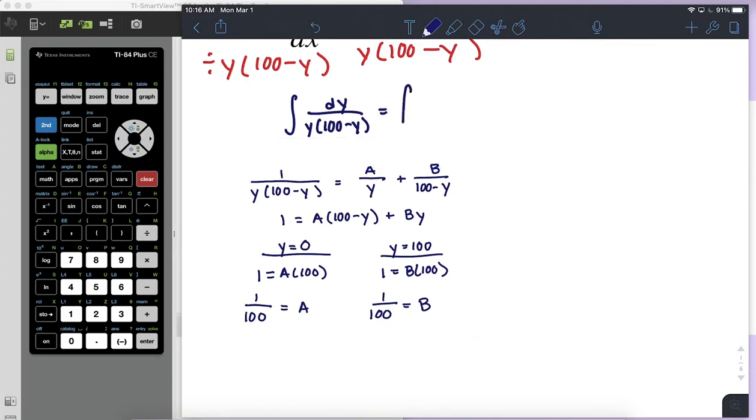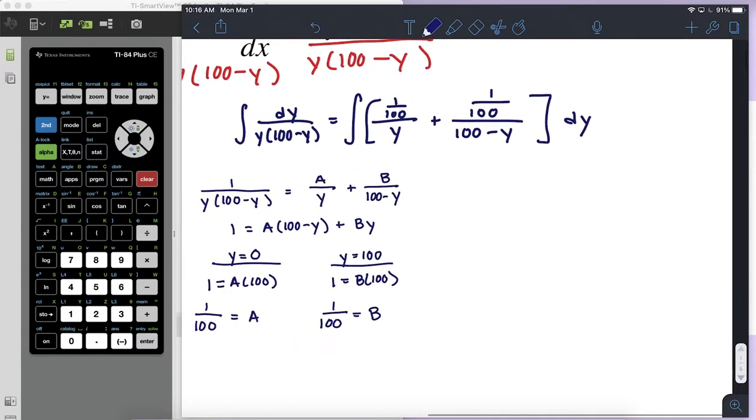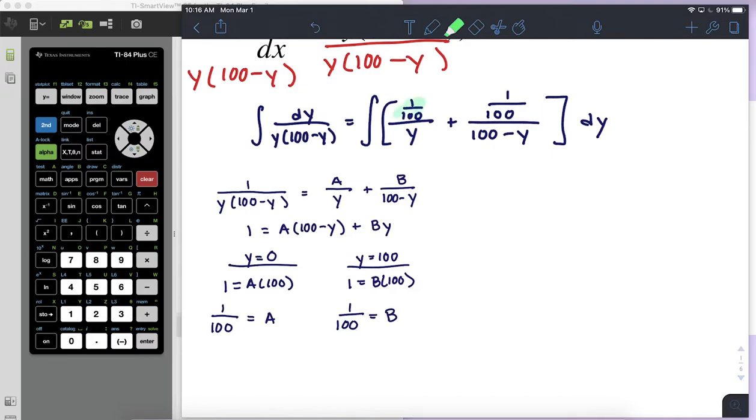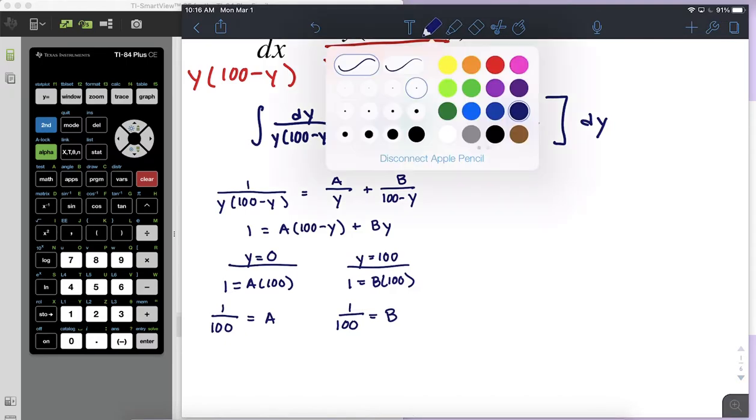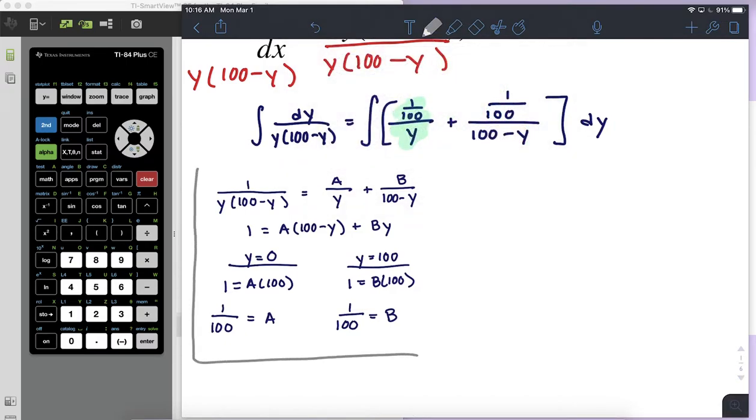If we take our integral, we can separate it to be 1 over 100 all over y plus 1 over 100 over 100 minus y, dy. When we go to integrate it, this first one is very easy. I'm going to box in my integration work so it's separated.